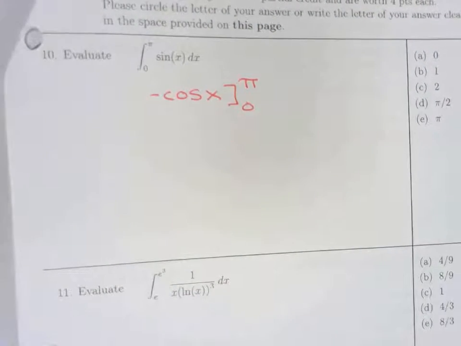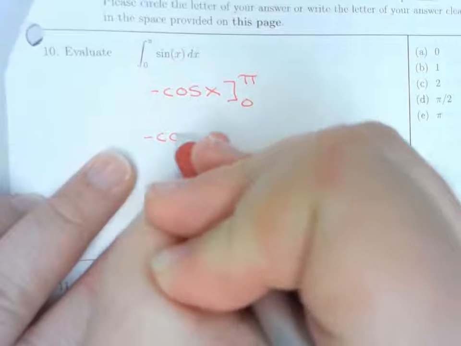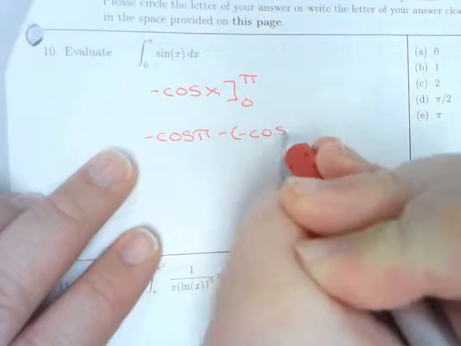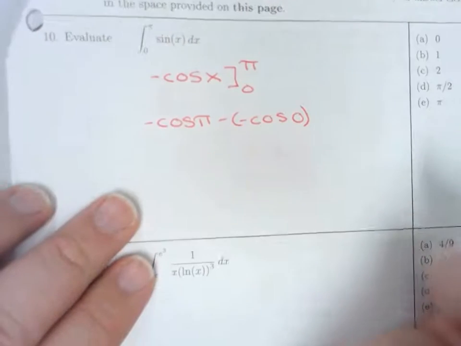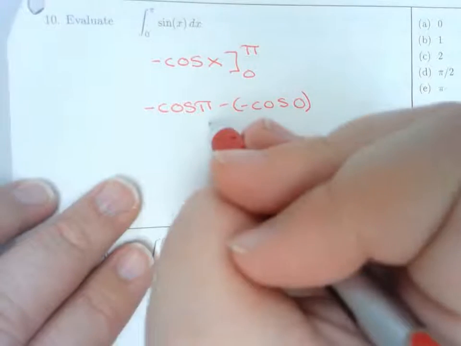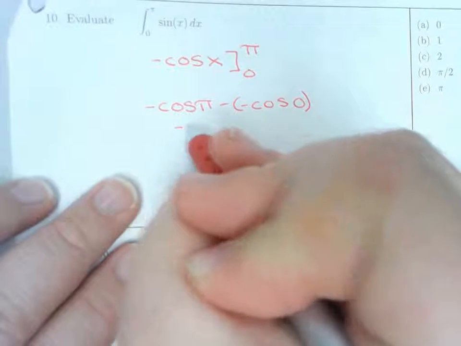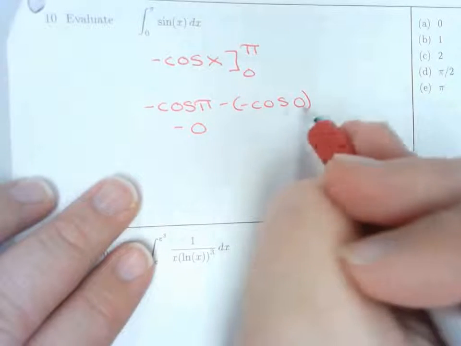No u sub, no whatever, just a straight integral. Then you just plug in pi and 0. So negative cosine of pi minus negative cosine of 0. Cosine of pi, you should have memorized. It's negative 1, so negative negative 1. Cosine of 0.